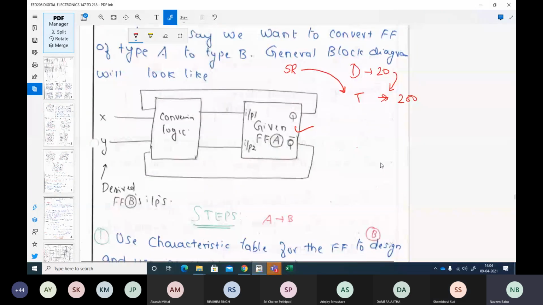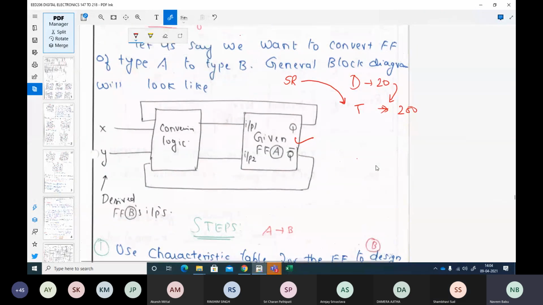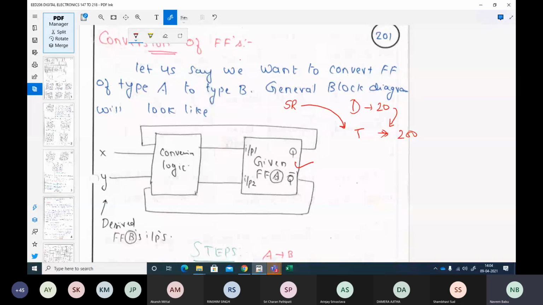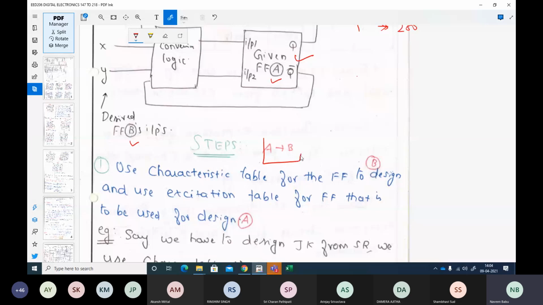Now, what are the steps to do this? Let us consider that the given flip-flop is flip-flop A and the desired flip-flop is flip-flop B, and you want to convert flip-flop A to B. What do you need to design this conversion logic? First, you need the characteristic table of the flip-flop that you are going to design, and you need the excitation table of the flip-flop that you already have.